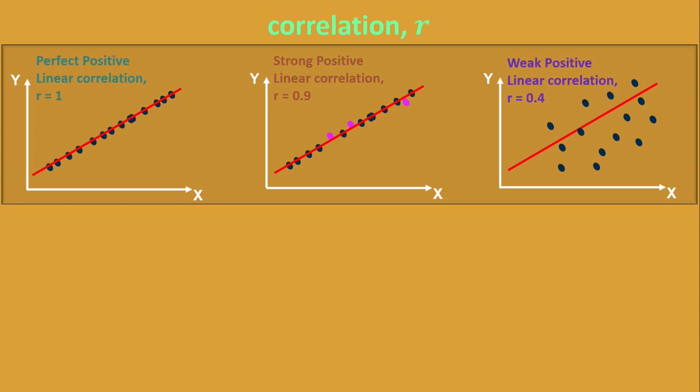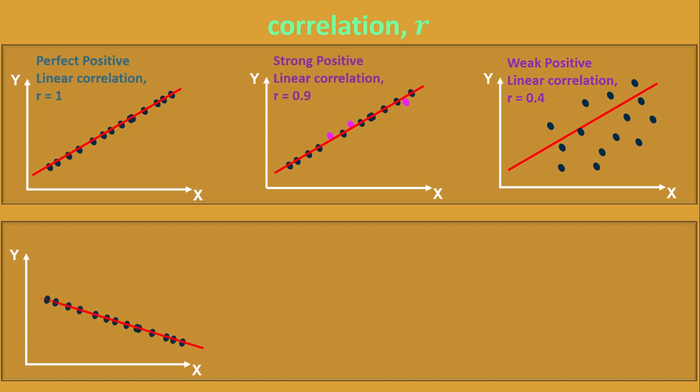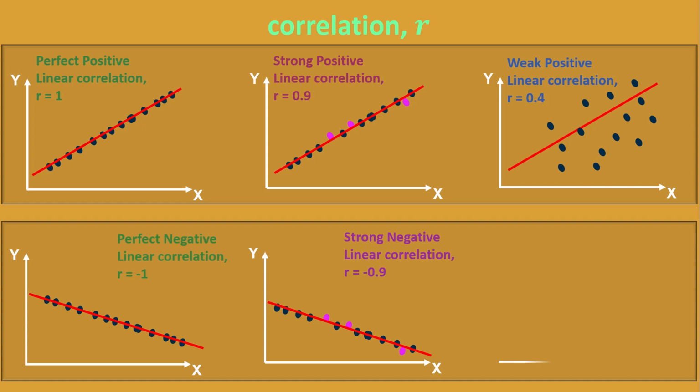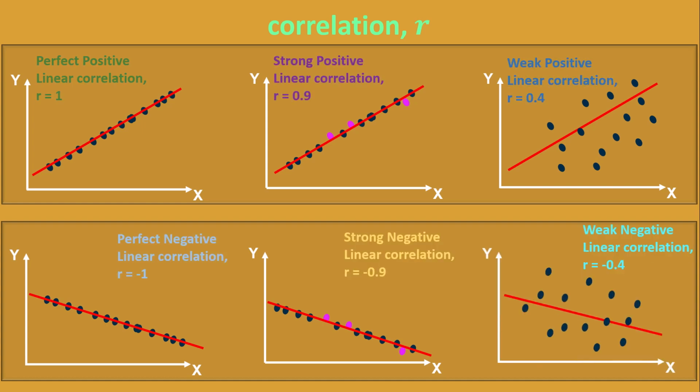But when r is getting close to 0, we say it has a very weak linear relationship. But this is only positive. How about the negative part? It is the same but in the other direction.